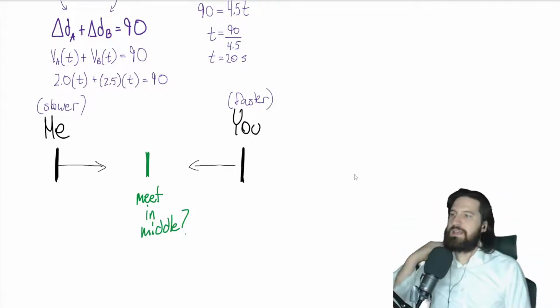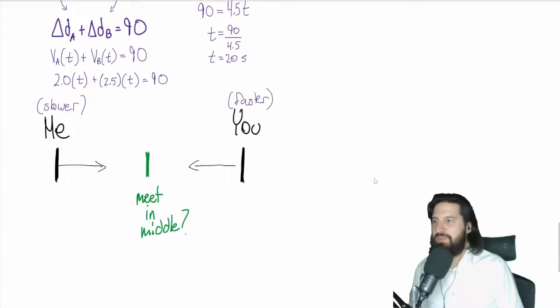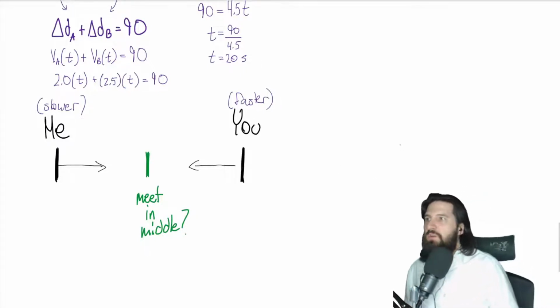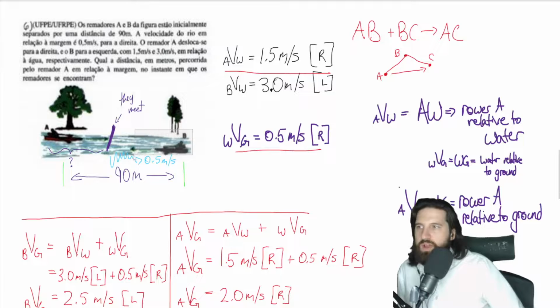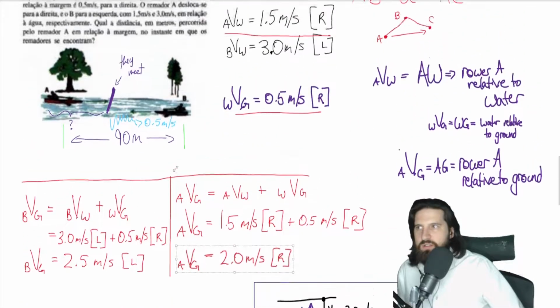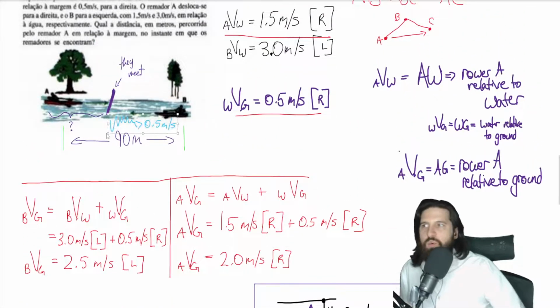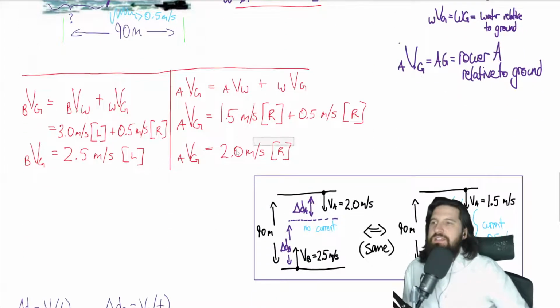Yes, you'll meet me closer, right? Because you're faster, exactly. Beautiful. So you will meet me over a little bit closer to me, right? Well, this is the same problem here. Who is going faster? B is going faster. And remember that we solved their sort of relative velocities. So we could pretend like the water's still and they're traveling at these two speeds.